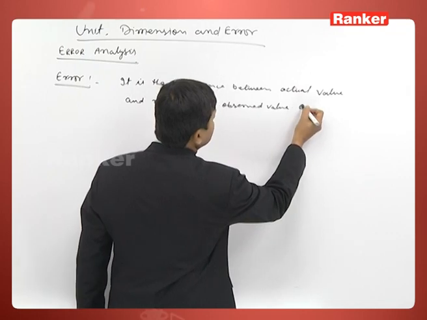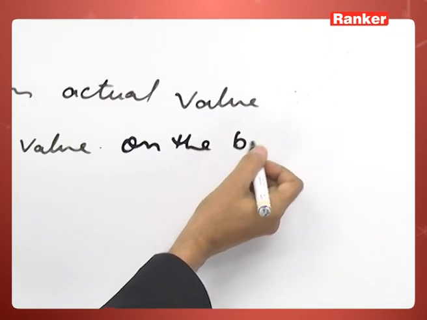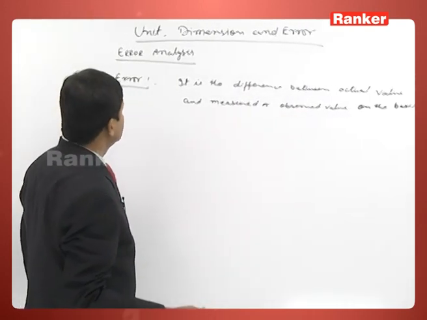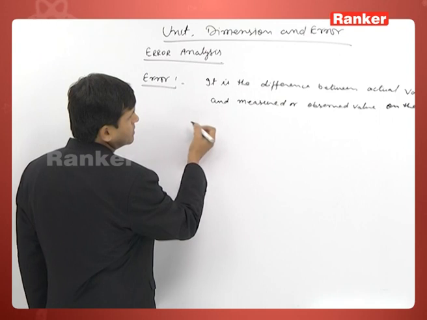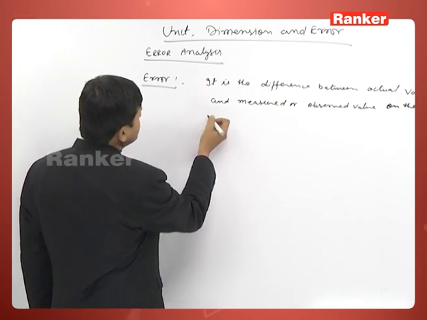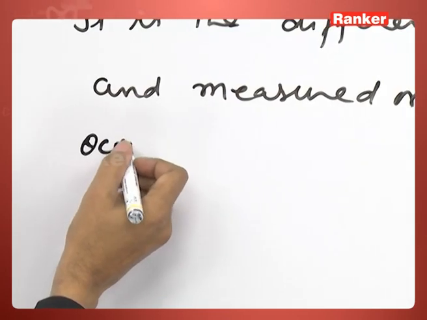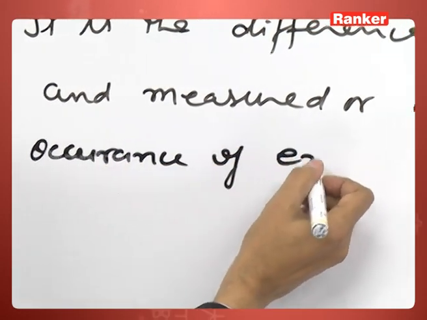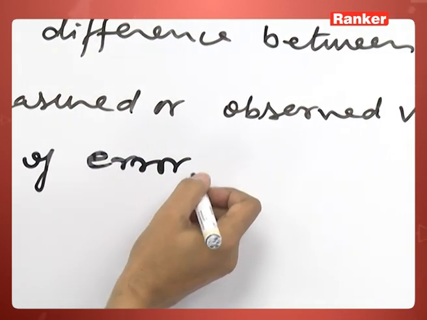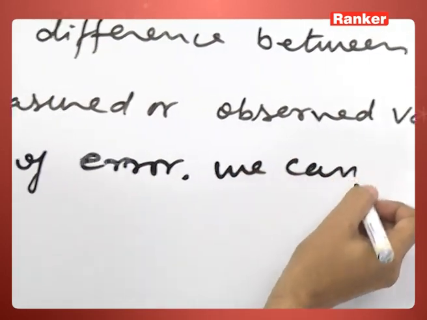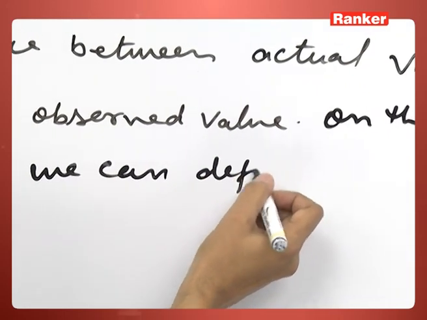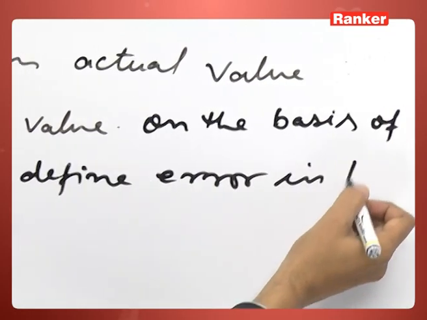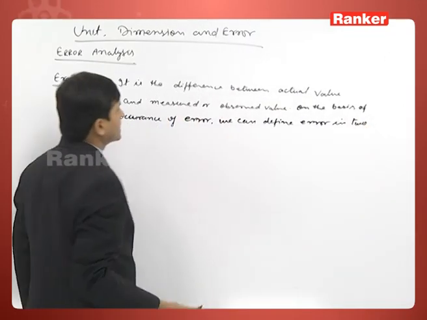On the basis of occurrence of error, we can define error in two categories.